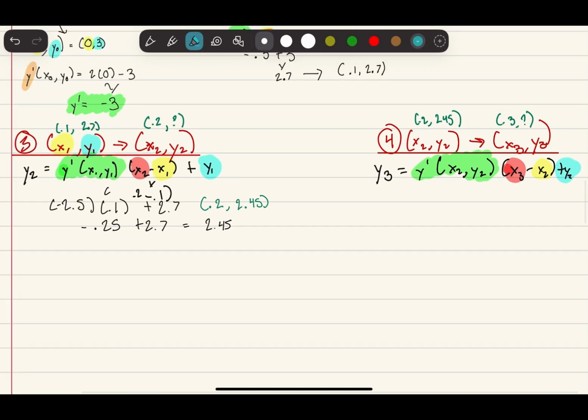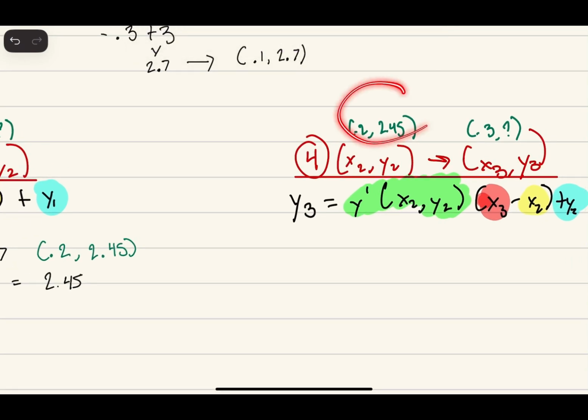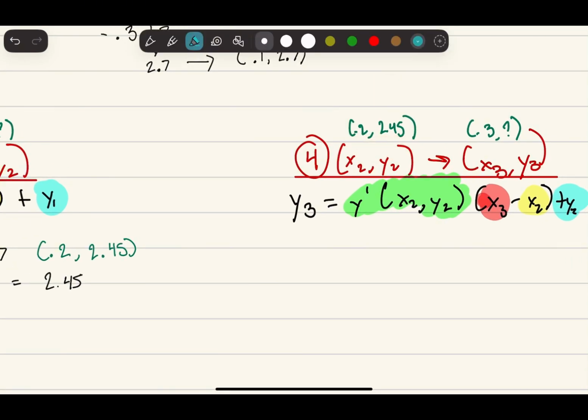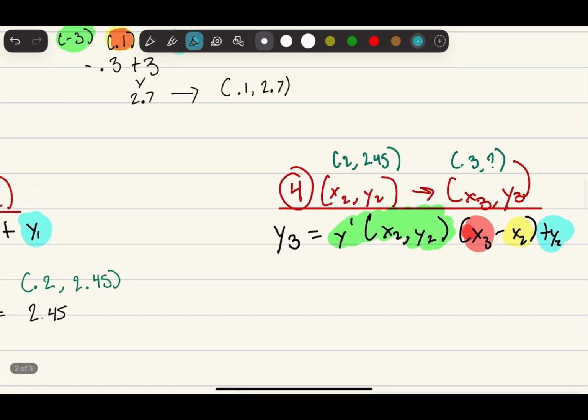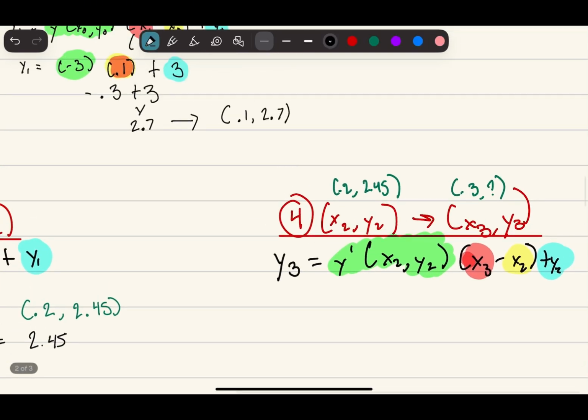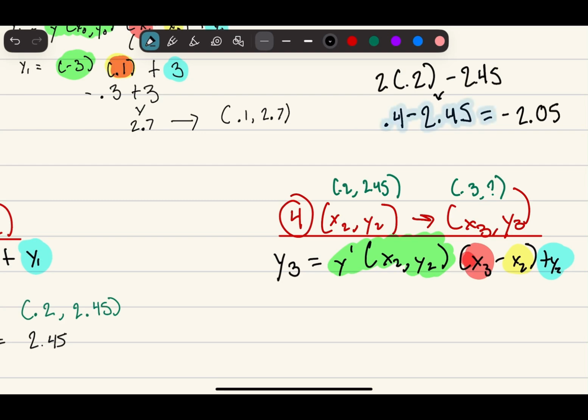Okay, again, we're going to be plugging these into our equation, which is 2x minus y. And then, let me do this right on top. Oh my god, okay. 2.45, we get 0.4 minus 2.45, and then that equals, calculator, negative 2.05.